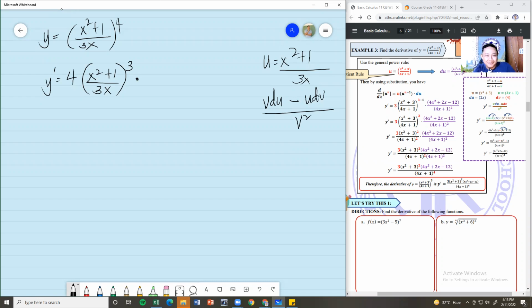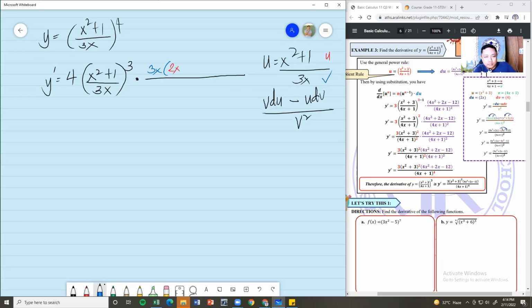Don't be discouraged. This is u. This is v. Ready? v, just copy. 3x. Then du, the derivative of x squared plus 1. What's the derivative of x squared plus 1? 2x. Very good. Times 2x.